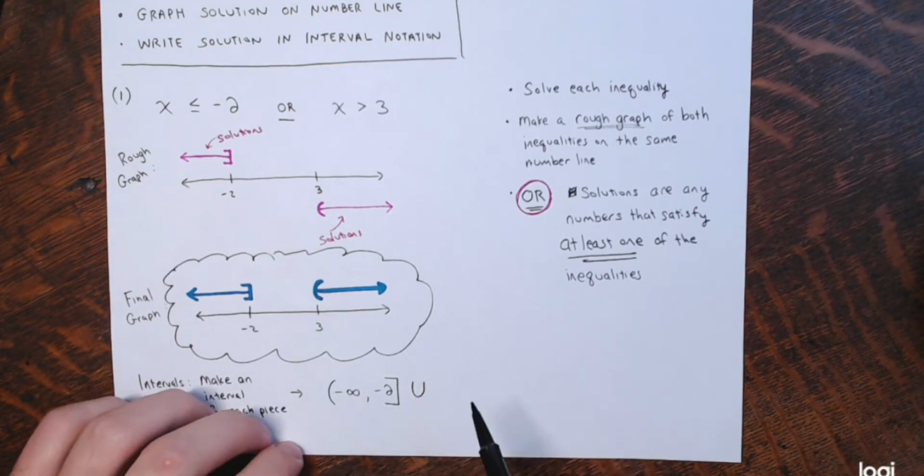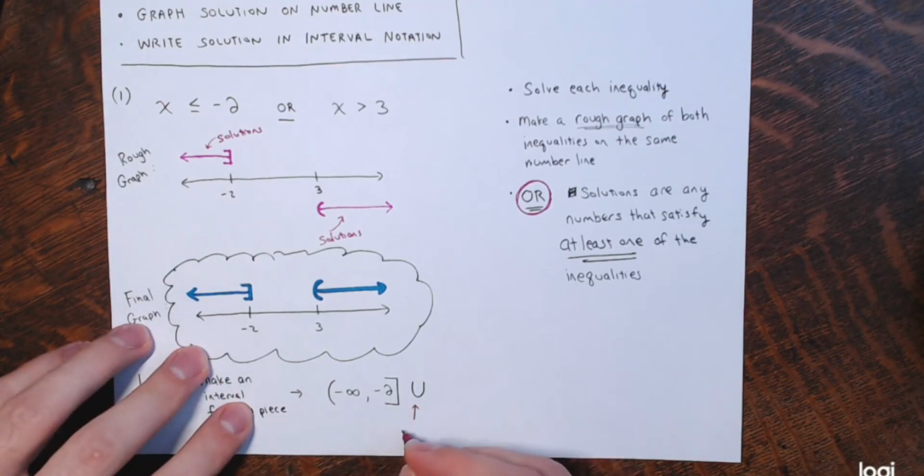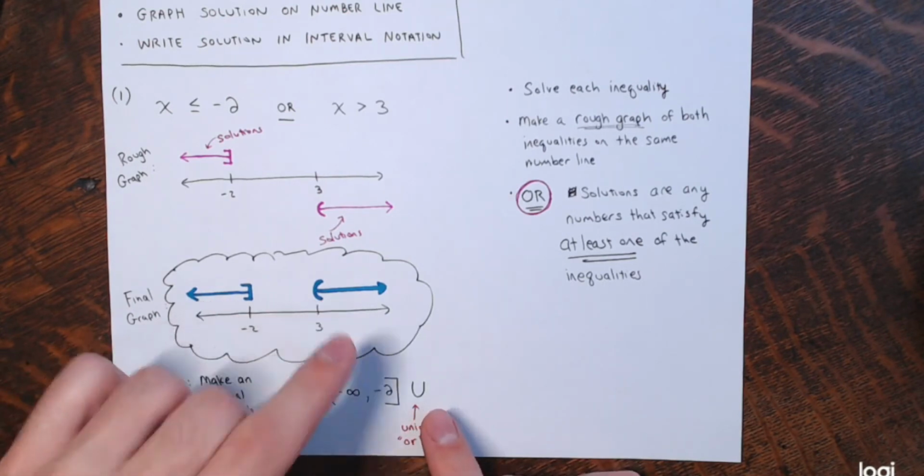This is called the union symbol, again just to indicate that there's a gap, a break in the intervals.